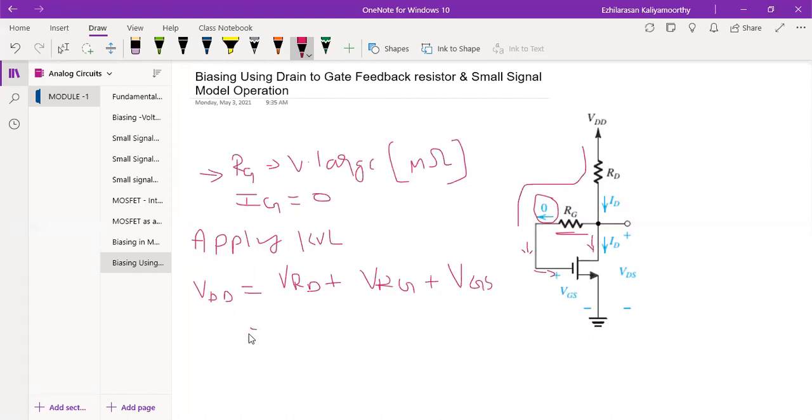Now what is VRD? The voltage is nothing but ID RD. Next, VRG, that I can write as IG RG, and then the voltage VGS.